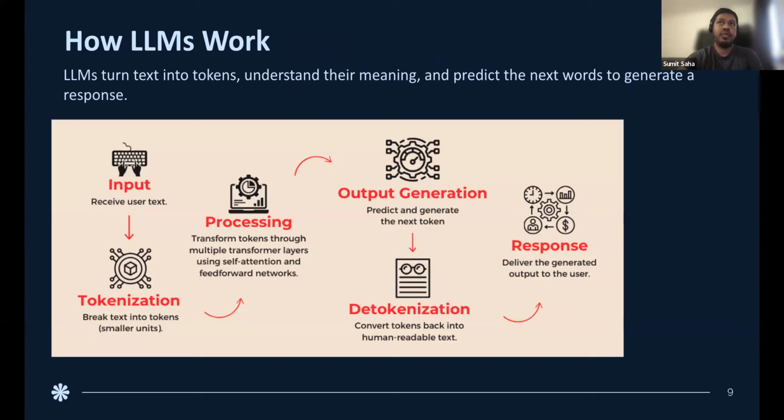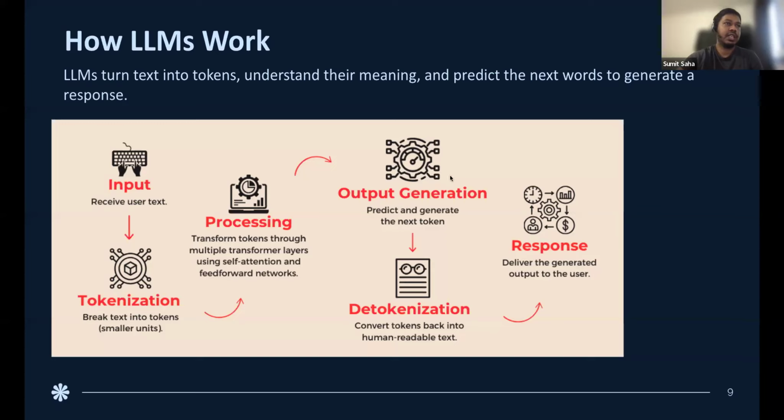So how does an LLM actually work? Basically, LLMs turn text into tokens, understand their meanings, and predict the next token to generate a response. What are tokens? An LLM takes words, breaks down the sentences, and using some algorithm converts that text into tokens, which are used for processing.